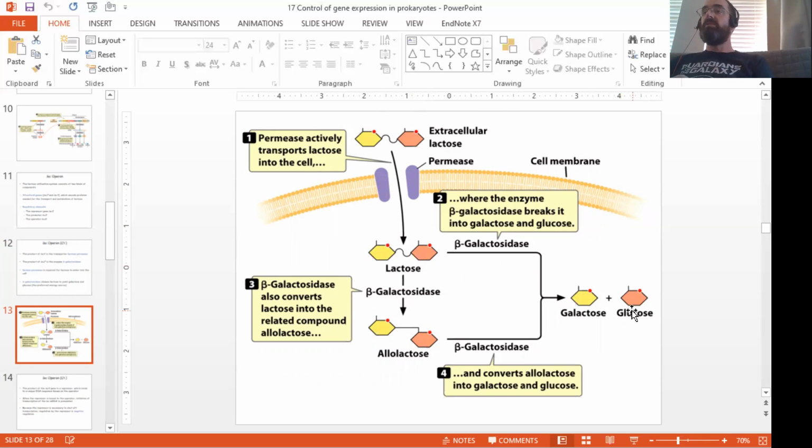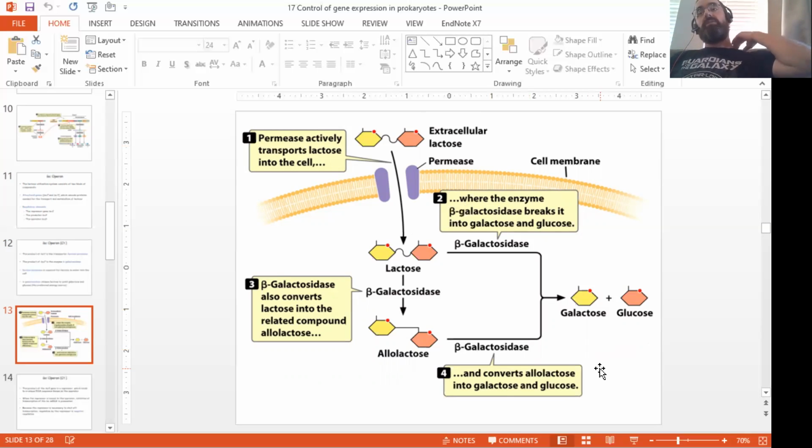It's a lot easier to use. This is what we want to end up with, essentially, right? Which is the most basic form of carbohydrate energy. So if the bacterium has glucose to survive on, then it will preferentially use glucose because there are a lot fewer steps involved in the metabolism of glucose.